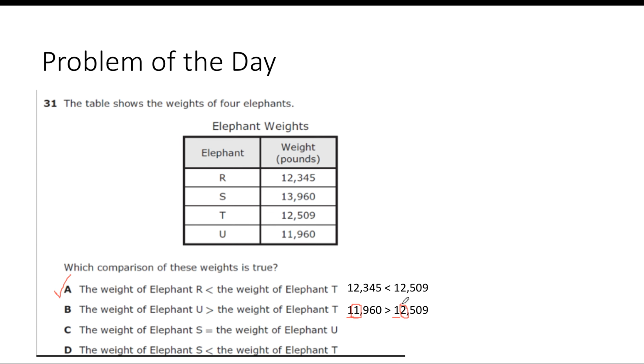So now I'm thinking, which is greater, 1,000 or 2,000? 2,000 is greater, right? So that means that this number, 12,509, is greater than 11,960. So really, this should have a greater than arrow or sign. So we know that this one is not true.